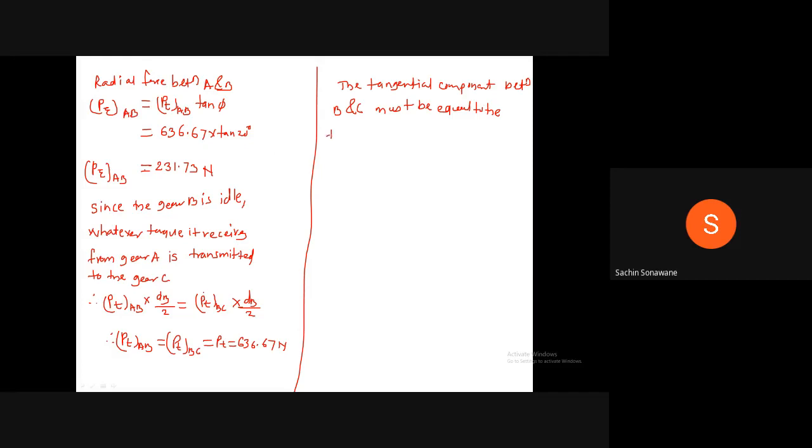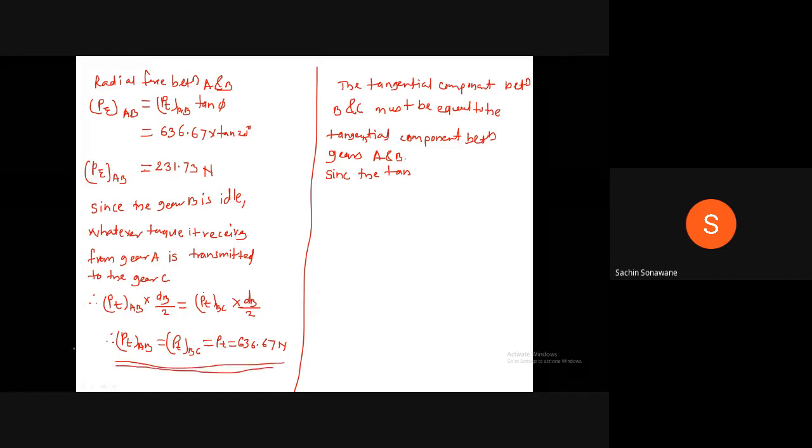Therefore, we write down: since the tangential components are equal, this statement we have written as per this equation.